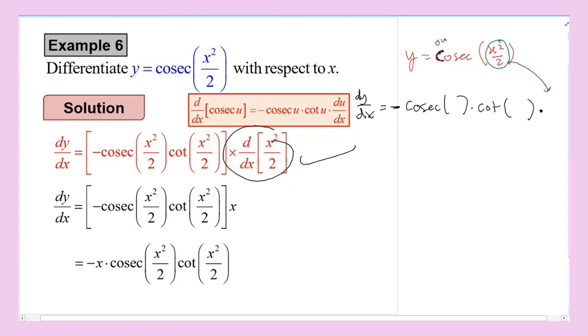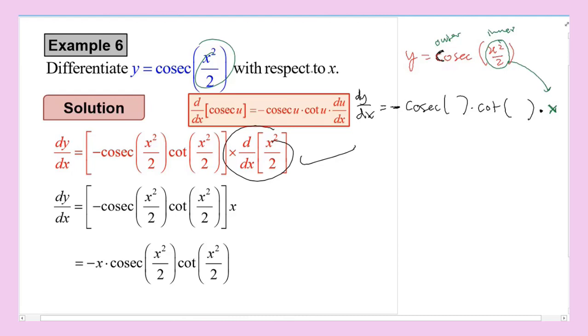So this is outer, this is inner, alternate. Differentiate 2x over 2, so just x. Or do d dx of x squared over 2 first.